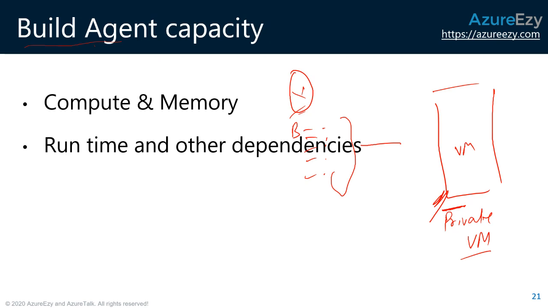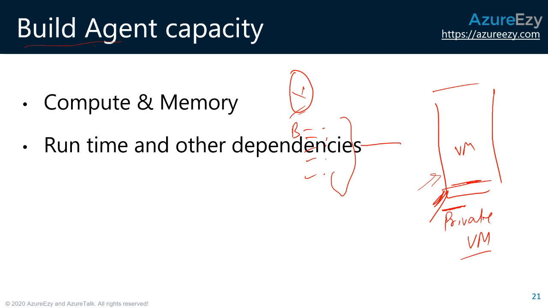That command will be executed on this VM. If it is a PowerShell cmdlet from a particular module, for example SQL Server or Azure, then you have to install that module in advance here. Only then will that particular command run as part of your build definition.